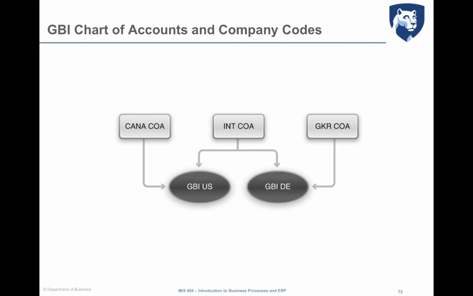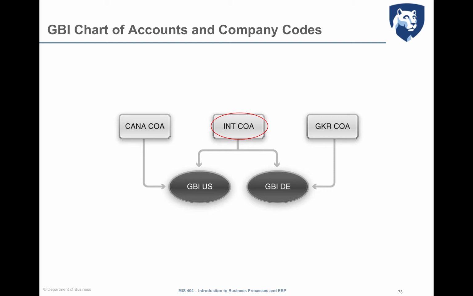If it is not clear, if we step again to the GBI case, we can see that each GBI company uses two types of chart of accounts. First of all, both GBI US and GBI Germany use the international chart of accounts for registering transactions, which is the main chart of accounts.